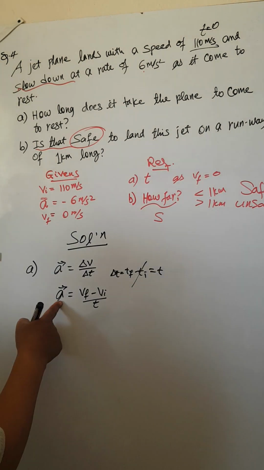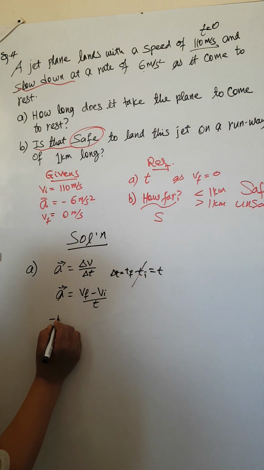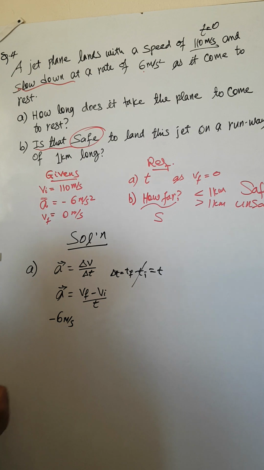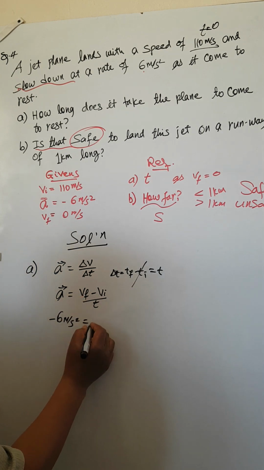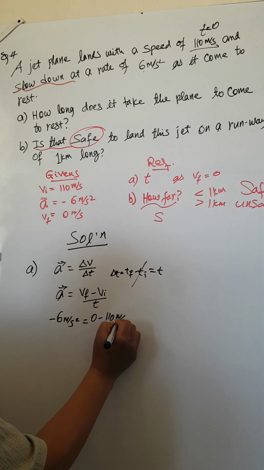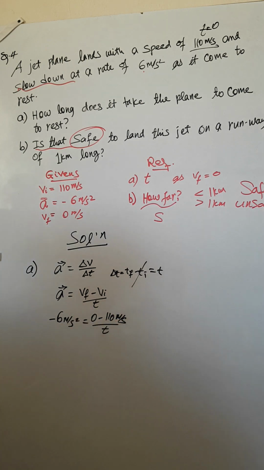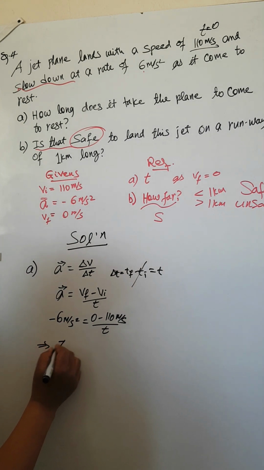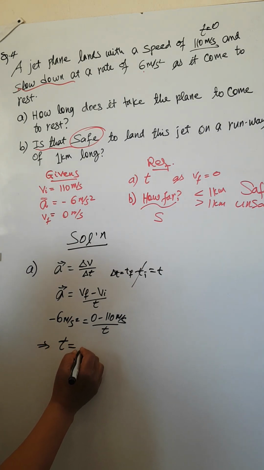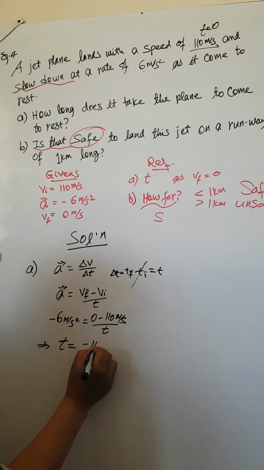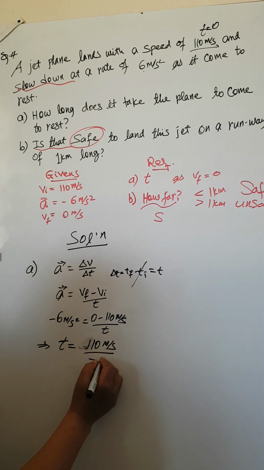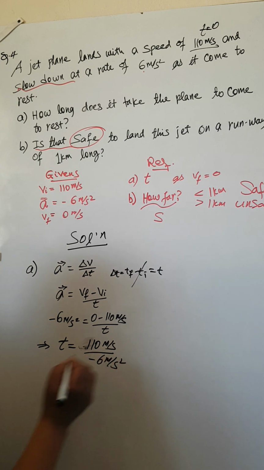Then the acceleration, which is deceleration, 6 meters per second squared, is equal to Vf, which is 0, minus the initial speed, 110 meters per second, divided by t. This implies that t is equal to 0 minus 110, that is 110 meters per second, divided by negative 6 meters per second squared.